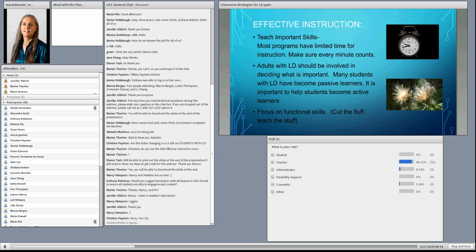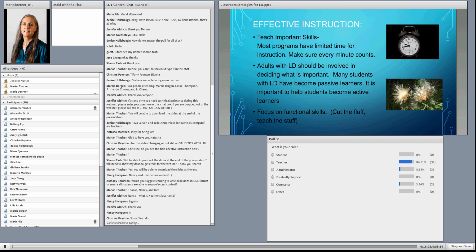So universal design is really a way of looking at your lesson, so that if you design your lesson, can everybody in the classroom learn from that method? And I really think it's a powerful method. When I first worked at Landmark, one of our mantras really was cut the fluff and teach the stuff.